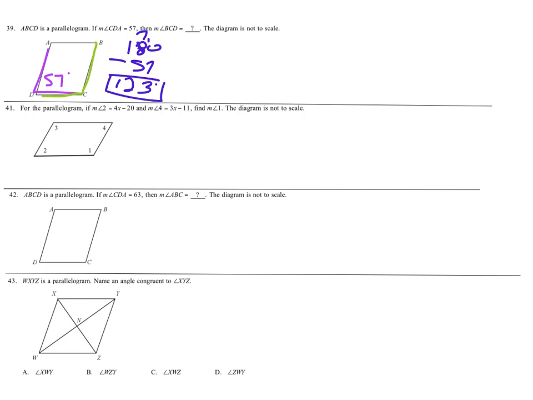We're going to apply the same thinking for this parallelogram, but now we have variable expressions. They're telling us that the measure of angle 2 measures this certain thing, that's here, and the measure of angle 4 measures this thing. And notice that they are opposite angles, and so they're going to be congruent.